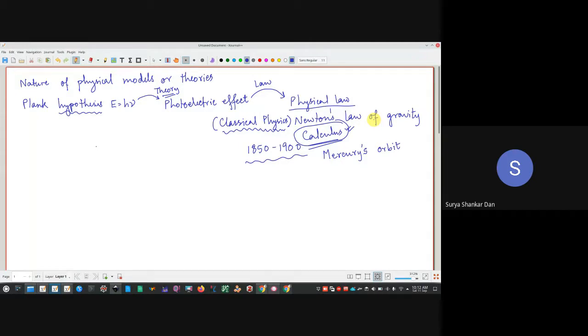If you want to analyze the trajectory of, let us say, an apple falling from the tree, Newton's laws are perfectly fine. But if you want to think about much larger perspectives like Mercury's orbit, or you are trying to use Newton's laws for galactic motions, comets and all that, then probably Newton's laws need some modification. That is where we get Einstein's laws and all that.